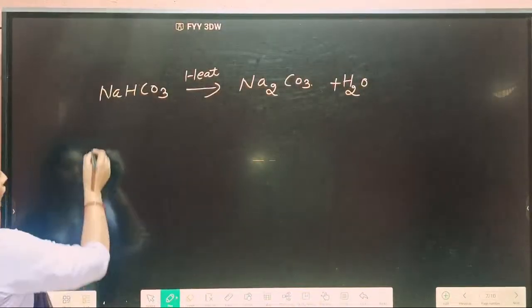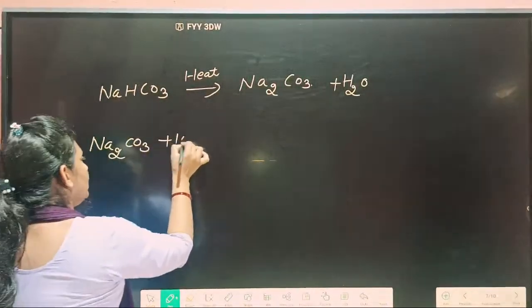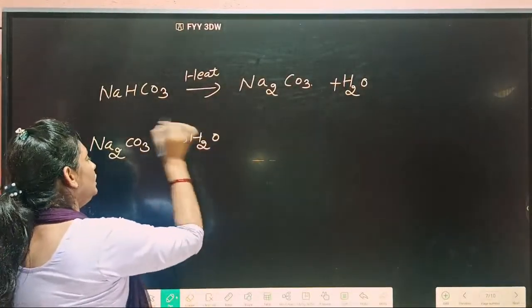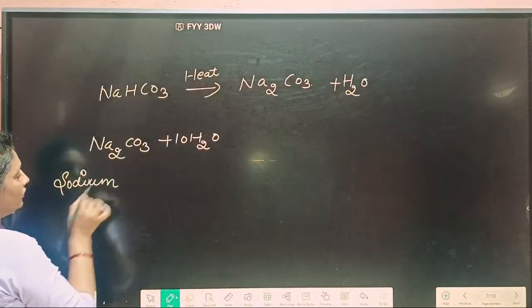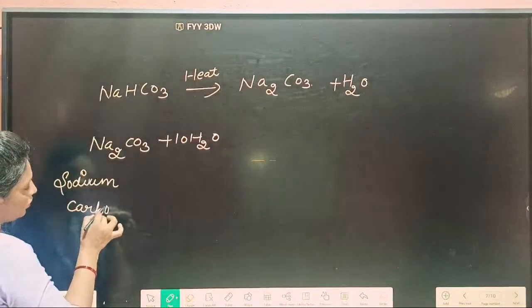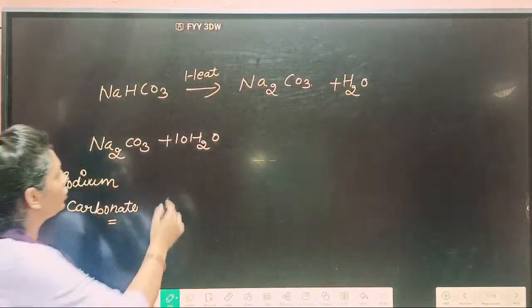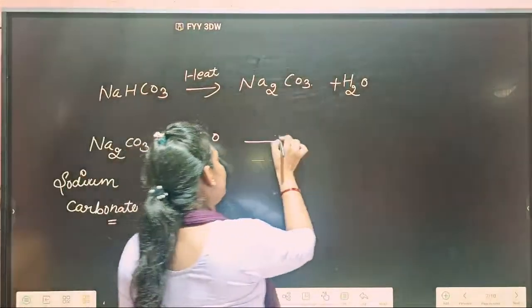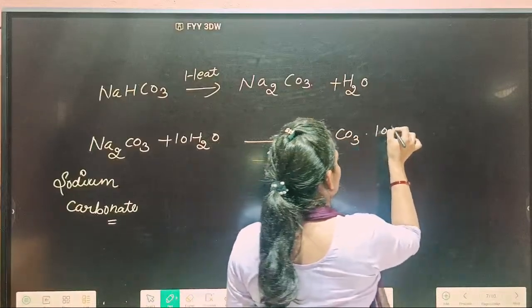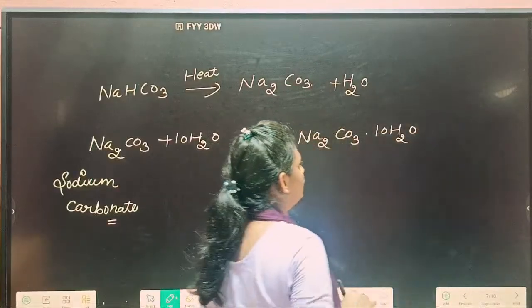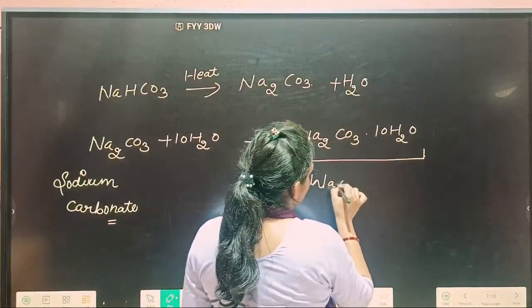And students, when we add 10 molecules of water to sodium carbonate, then we get Na2CO3.10H2O. And this one is the formula for washing soda.